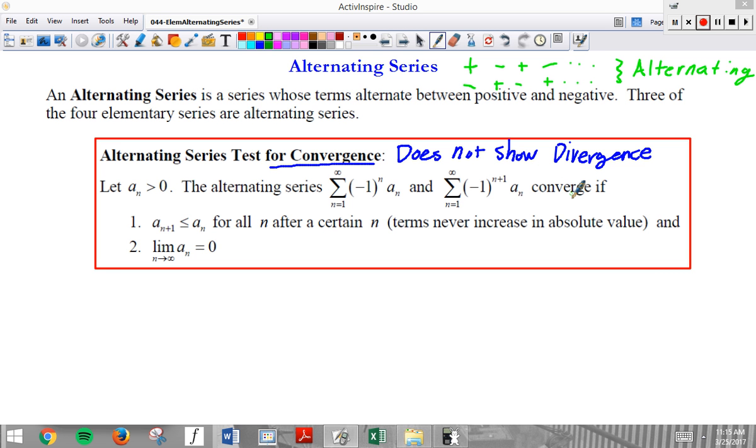So, we can show convergence if we show 2 things. Thing number 1, that the terms never increase in absolute value. This term, never increase, some students find troubling. What does that mean? Really, it means non-increasing, which is a weaker statement than decreasing, so decreasing is okay.